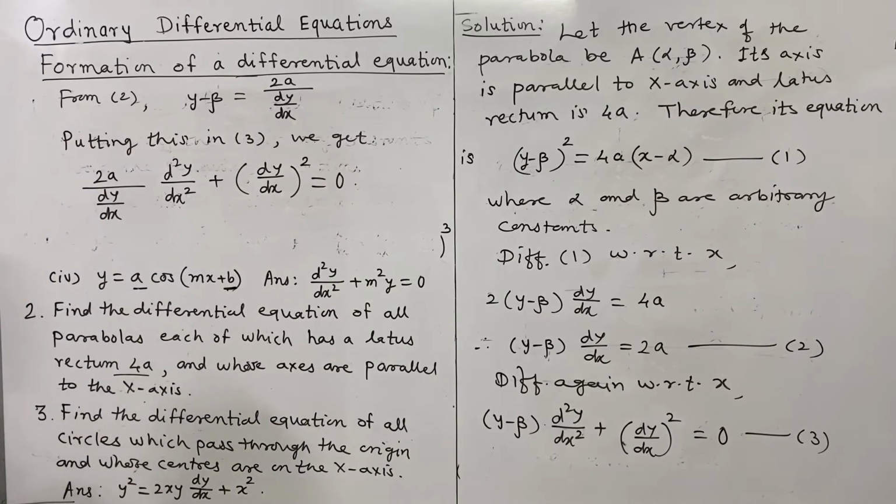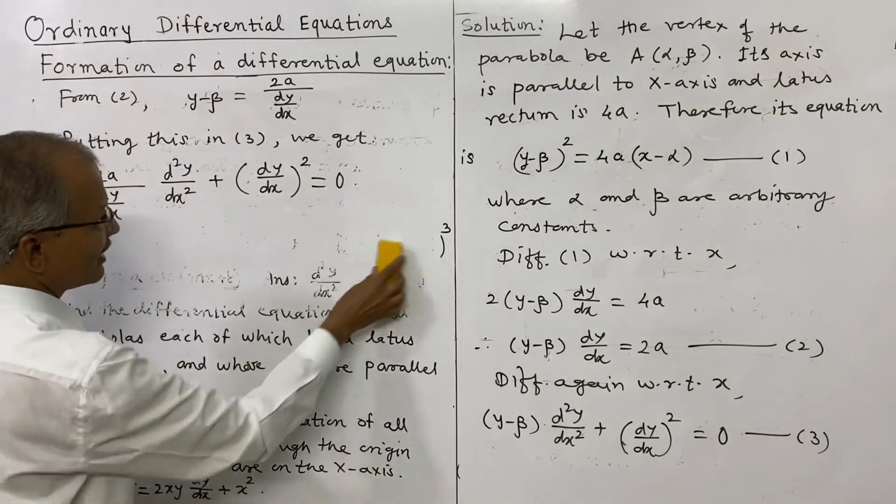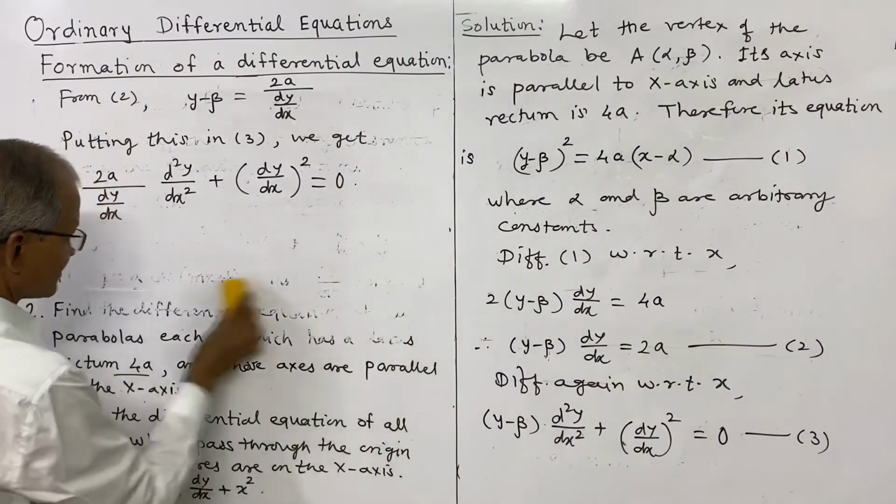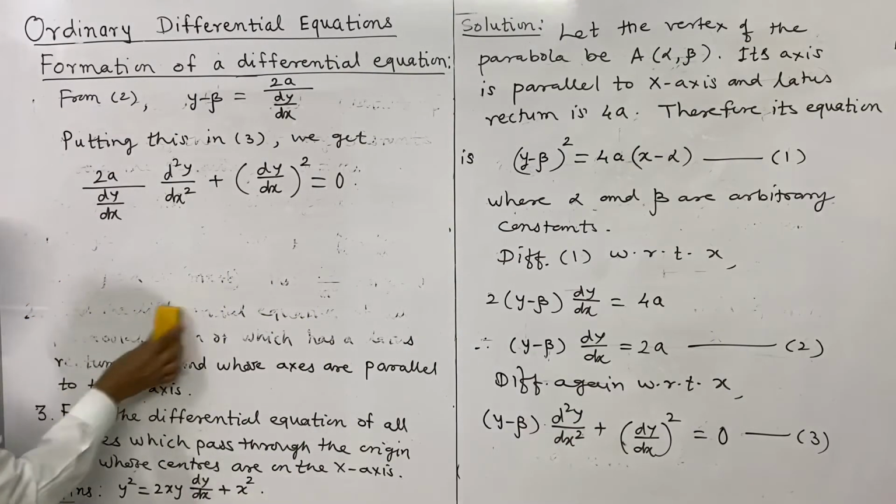Now we should express the equation without fraction. Now derivative should not be at the denominator, and therefore multiply again by dy by dx. So multiplying by dy by dx, what we shall get?